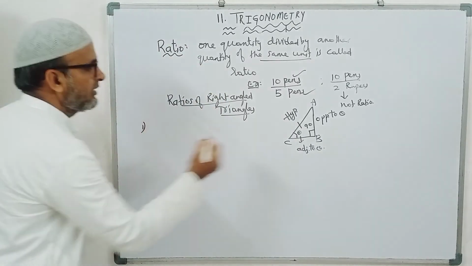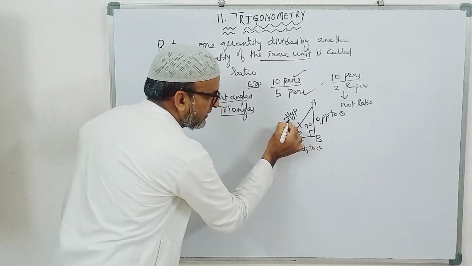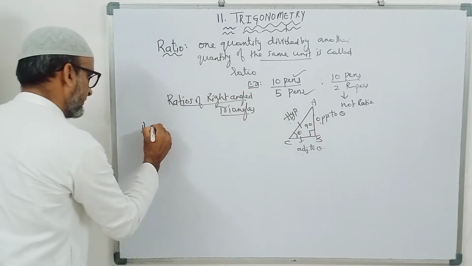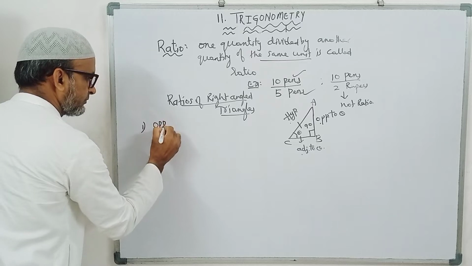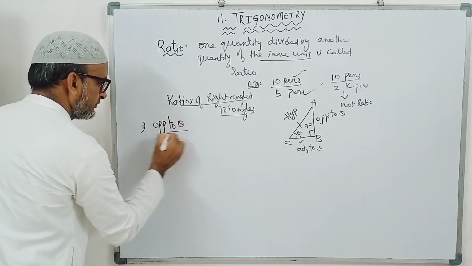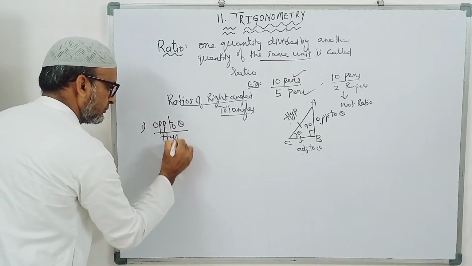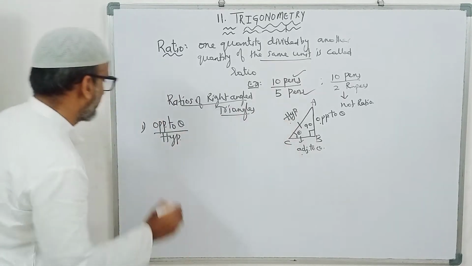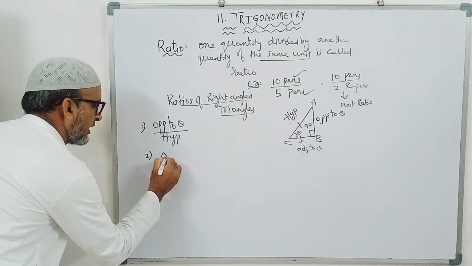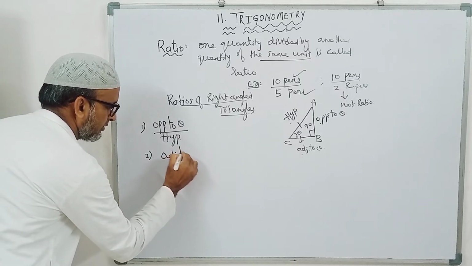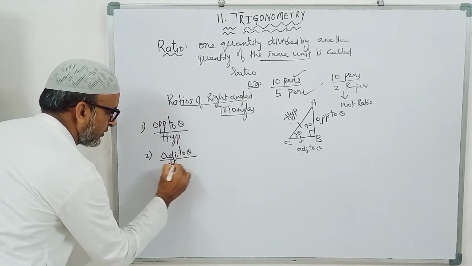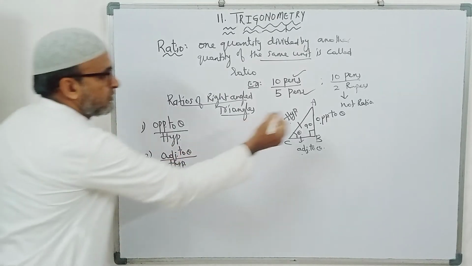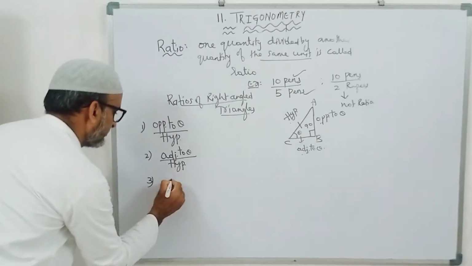First one, I am taking smaller, this is bigger: opposite to theta by hypotenuse. Next again smaller by hypotenuse, adjacent to theta by hypotenuse. Third one, smaller by smaller.